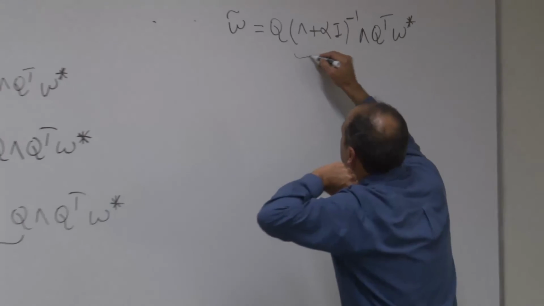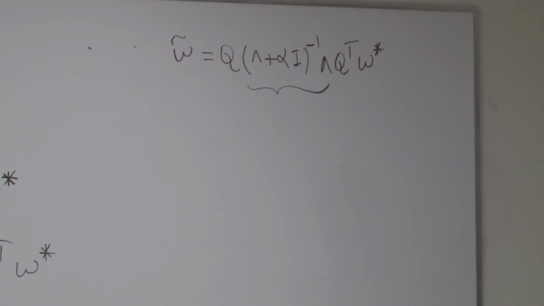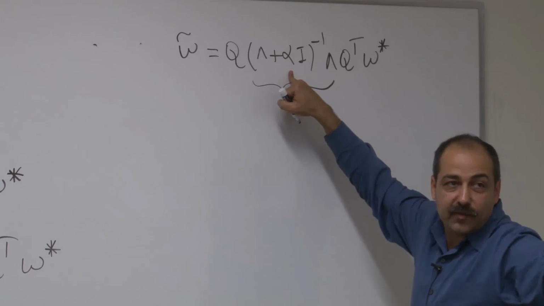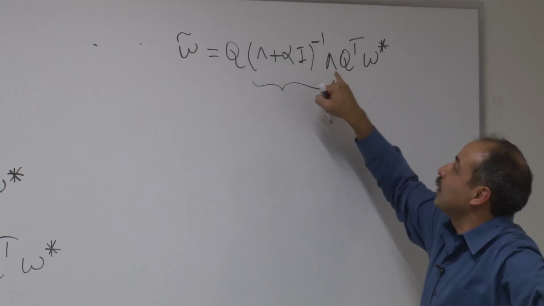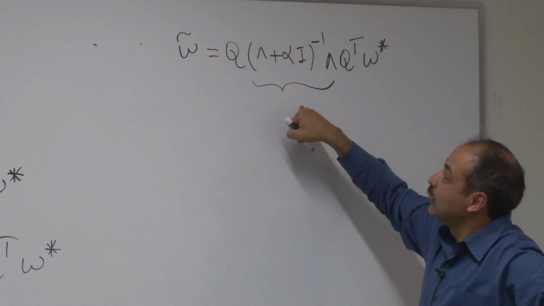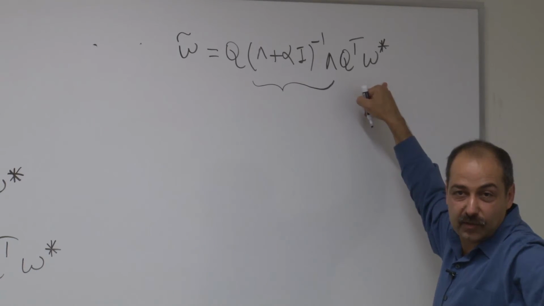For the moment, suppose that I don't have this part. If I don't have this part, what's going to happen? Or imagine that alpha goes to 0. If alpha goes to 0, then this is lambda inverse times lambda, which is going to be identity. So it's going to be Q Q transpose W star, which is W star.